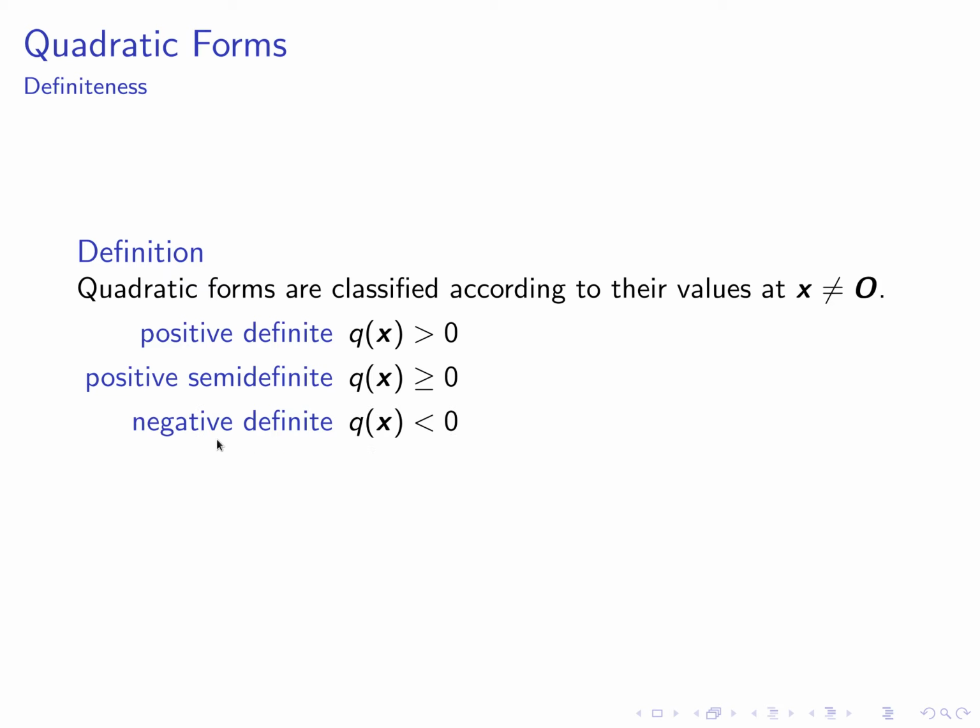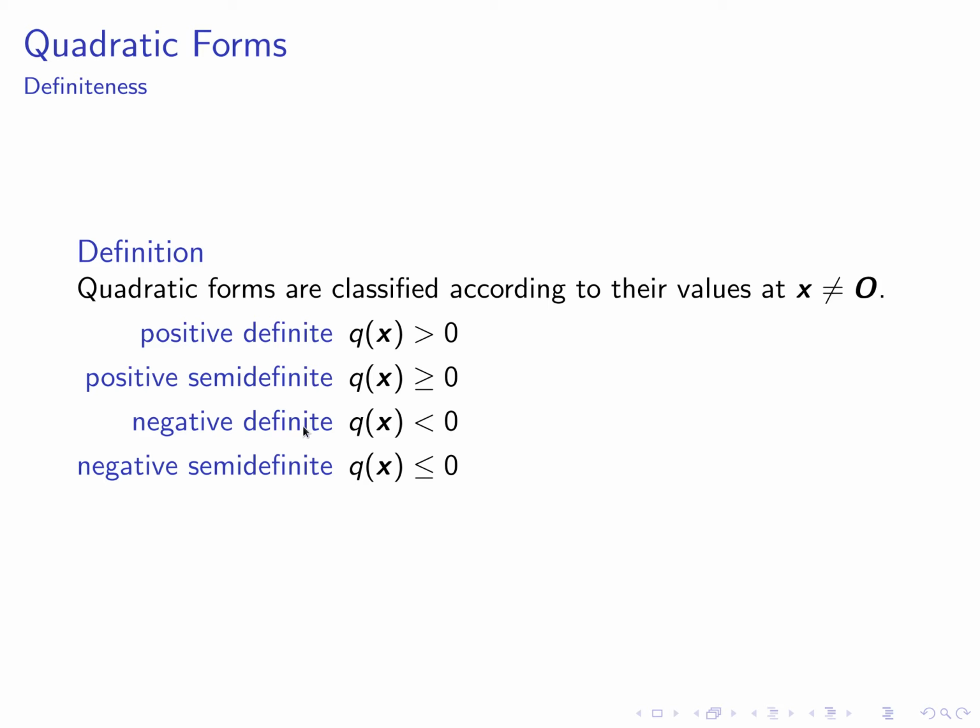Now there's the category of negative definiteness. A quadratic form is said to be negative definite if it always takes on negative values whenever we plug in a vector that's not the 0 vector. There's also a negative semi-definite category. This means that the quadratic form always takes on non-positive values.